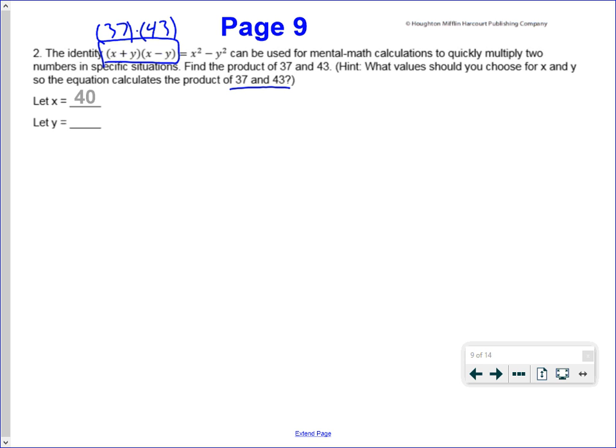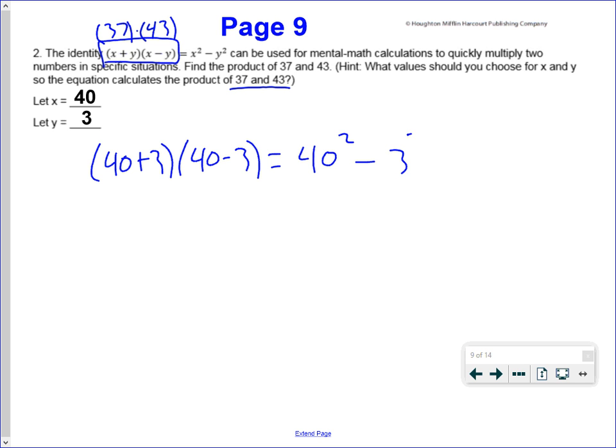And in this case, we're going to use 40 and 3. Okay? So if we plug in 40 and 3 into this equation, we get 40 plus 3 multiplied with 40 minus 3. That should all equal 40 squared minus 3 squared. So on the left side, we get that 43 multiplied with 37 that we wanted.